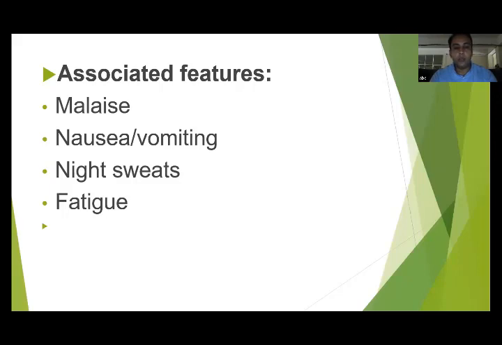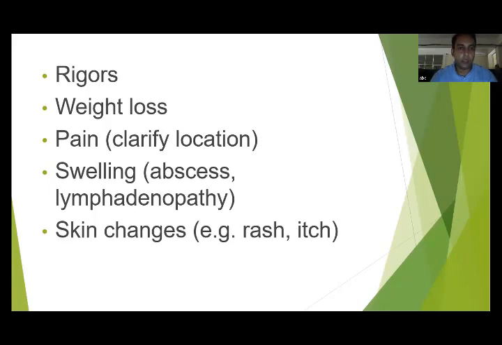Diarrhea too. These are all the associated features you have to ask about when a patient presents with fever. Similarly, fever with chills and rigors always has three differentials: number one is malaria, number two is UTI, number three is sepsis.